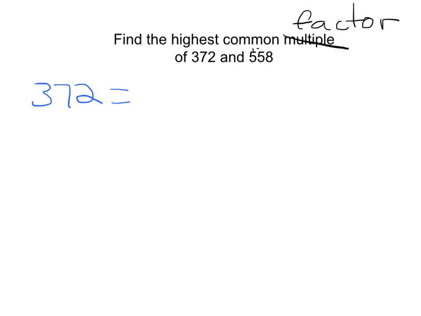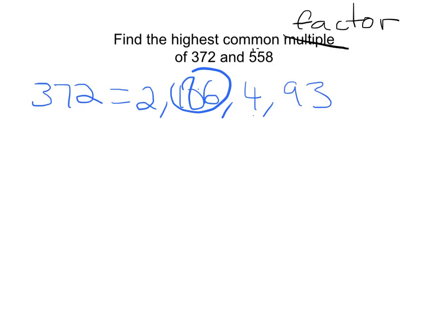I'm going to divide this by 2, so it gives me 2 and 186. Then I'm going to divide this number by 2, which gives me 4 and 93. I've halved this number again, and we need to multiply the other by 2, so 4 and 93. That's as far as I can go with halving, because we've now got an odd number.